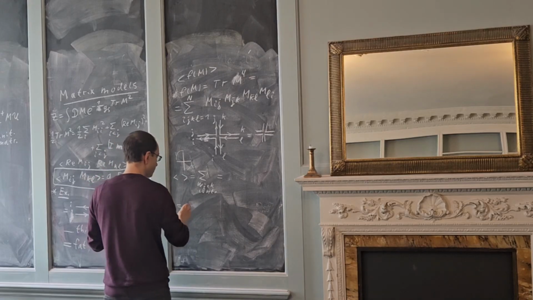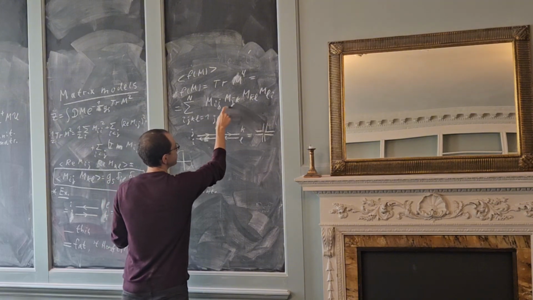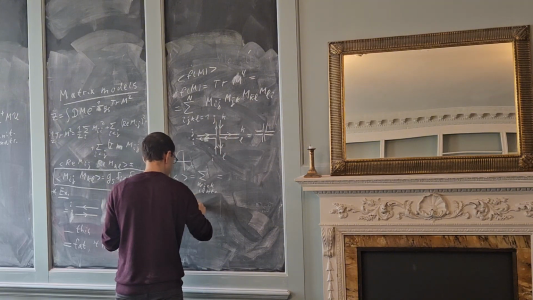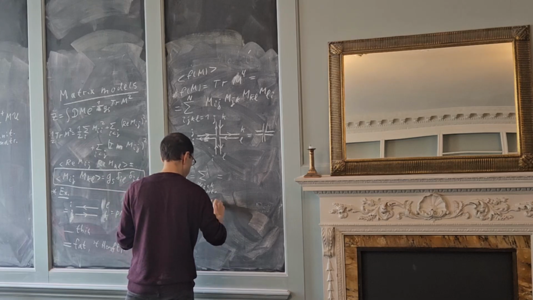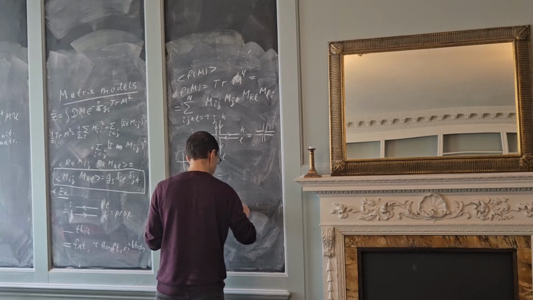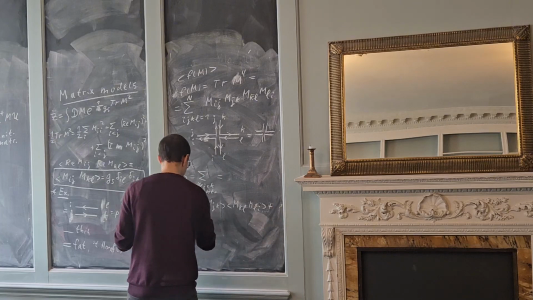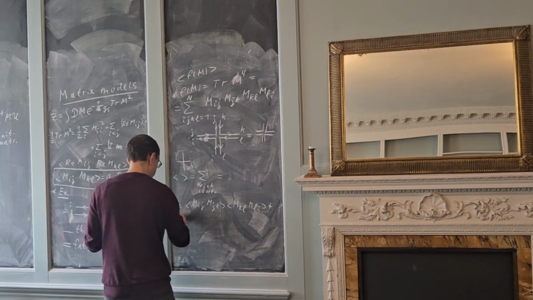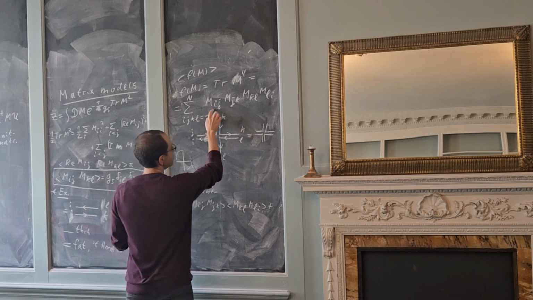So let's spell them out. The first one is first with second, this with that. So M_ij, M_jk, M_kl, M_li. Plus, next one, I contract first with third.